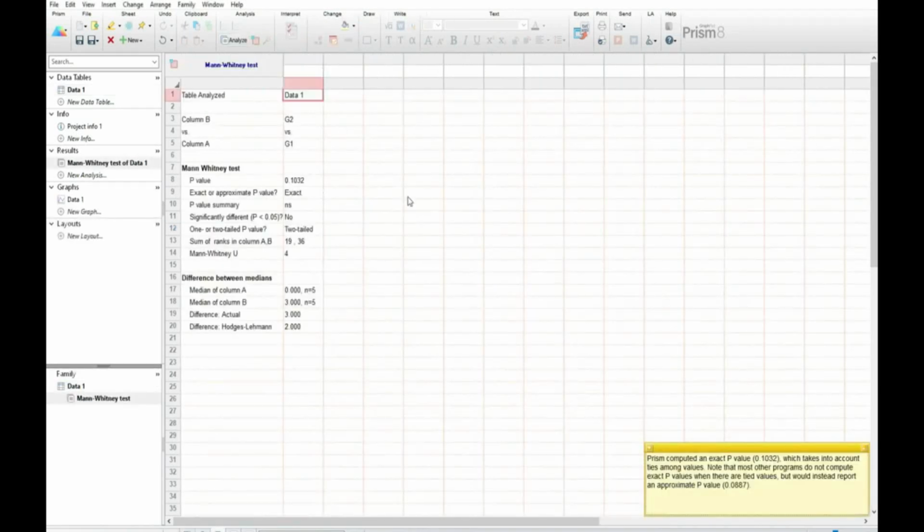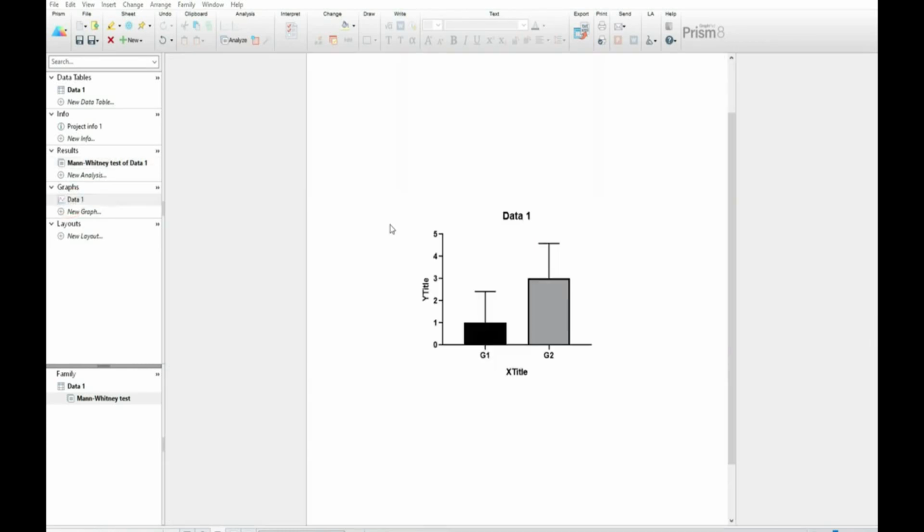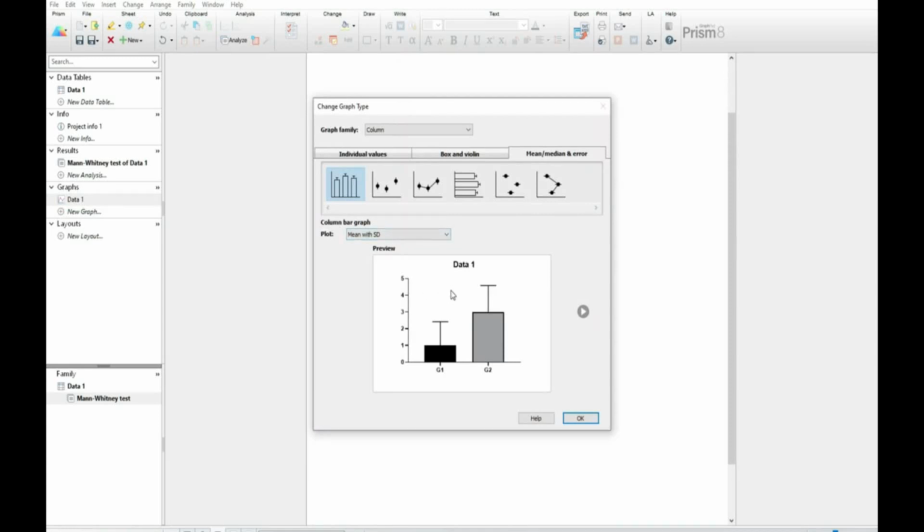We will find the result here. It is showing the p-value is not significant, ns. So our data compared with the control is not significant. So it is beneficial, meaning the drug does not have any toxic effect.